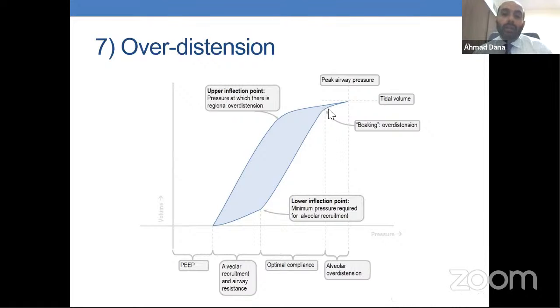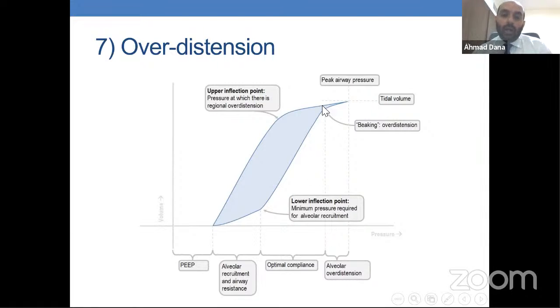We already reached the point where the lung is already full of air, so you cannot open it up more, you cannot inflate it more. So you start to have what we call peaking. Peaking is an indication that you reach high pressure. In the peaking, you can actually check it in the pressure volume loop.